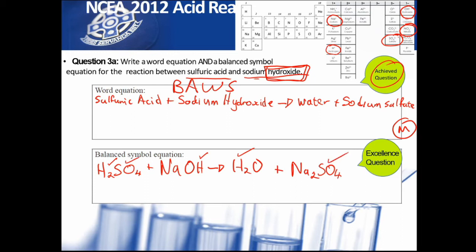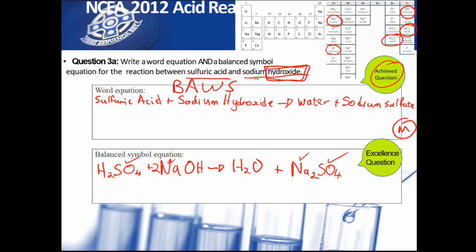Now, how many sodiums on this side? There's one. How many sodiums on this side? Ooh, there's two. How do I fix that? I put a 2 there. But now by putting a 2 there, it changes my oxygens and my hydroxides. You see that? But the sulfates are sorted again. So now we have to step back and do my hydroxides and my hydrogens again. So 2 sodiums and 2 hydroxides.